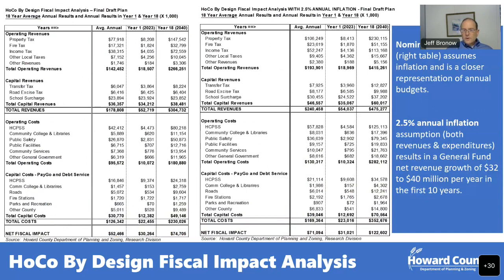And then Holly, do you want to discuss this and move forward? Yeah, let's stay on this page. What Jeff said is important. The original base model was using real dollars for simplicity, basically saying if we just use the FY23 base and all the future years, assuming everything is adjusted to 2023 dollars, what is that going to mean.